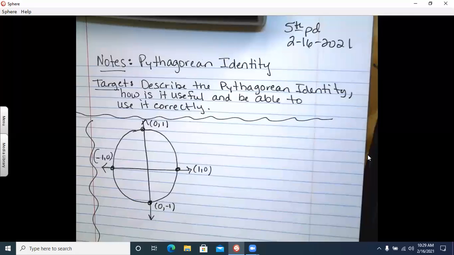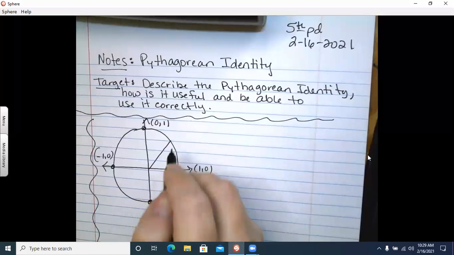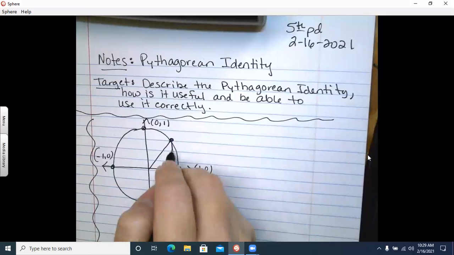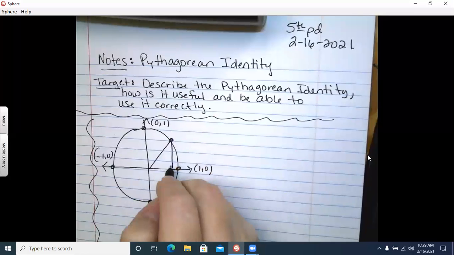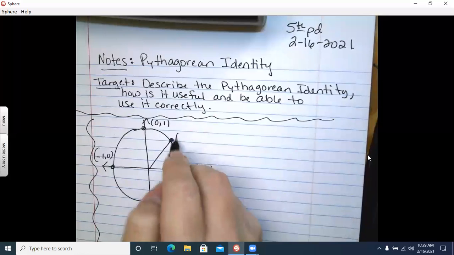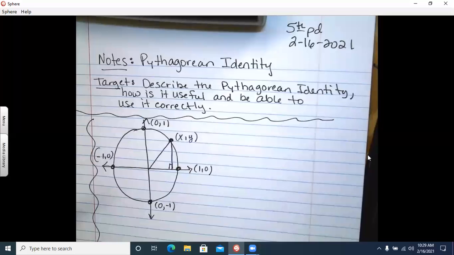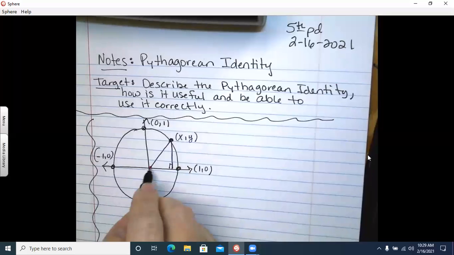And I'm just going to draw a random triangle in that first quadrant. And we know that radius, technically, that I just drew from the origin, has an ordered pair of x, comma, y, right? Your x is the distance from 0 to the end of that triangle on the x-axis.